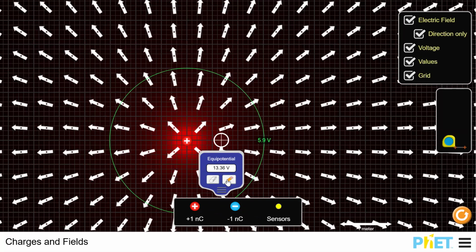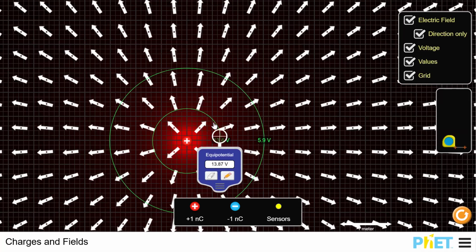Now I will also draw a circle here. Here it is 13.36. So the potential is high. Already I told you, very close to the charge the potential and electric field are high, and away from the charge they decrease. Now I will move the potential tool.